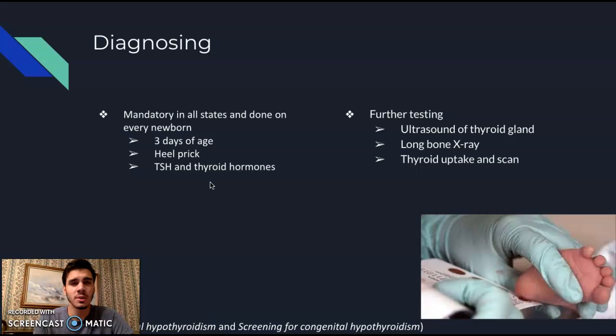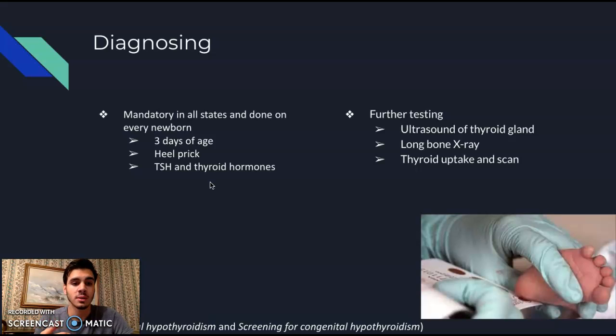The purpose of this is to see if the long bones are growing at the proper rate for the development of the child. If it is not growing at the proper rate, then it will indicate that the disease is more likely present. And then there is a thyroid uptake and scan test as well.